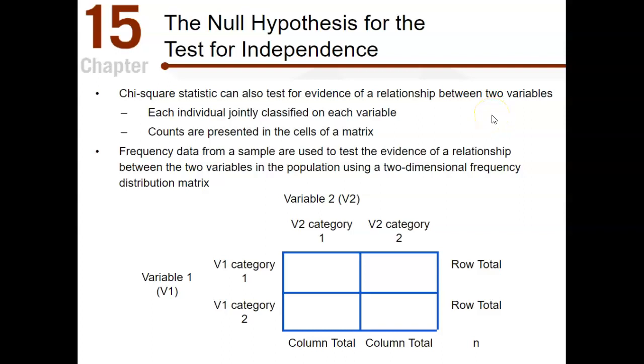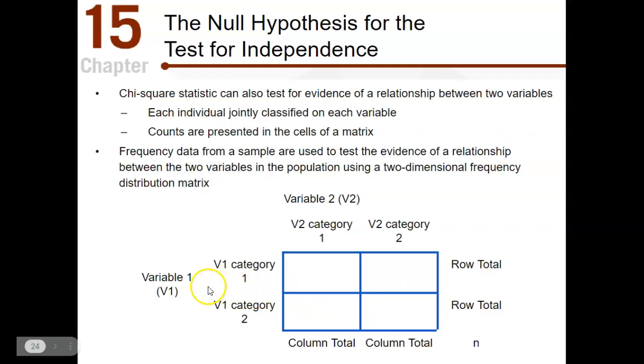Any given individual can be jointly classified along each variable and one of the categories of the variable. The diagram here looks a little bit different. We're looking at counts again, but you can see that we're now working with a matrix.